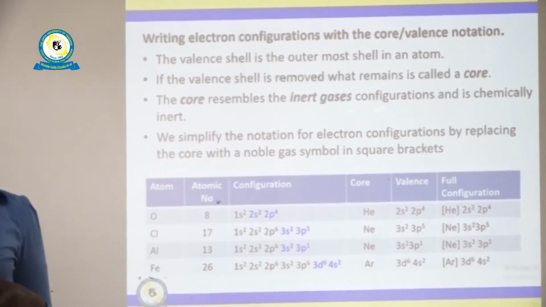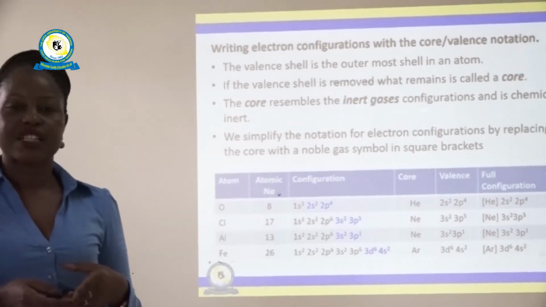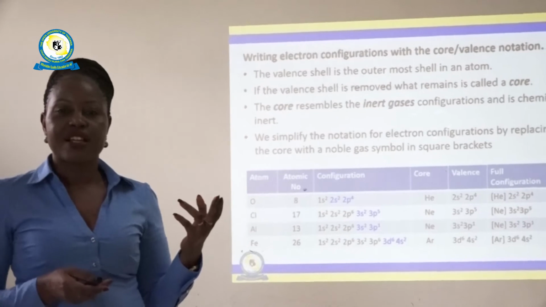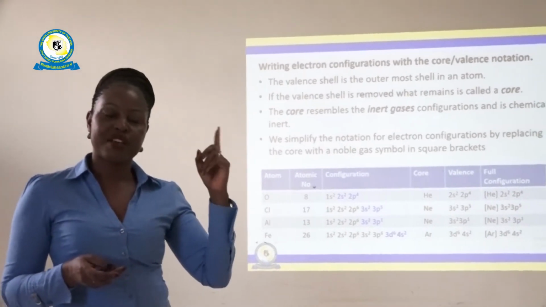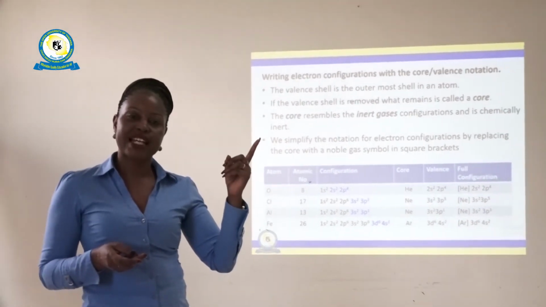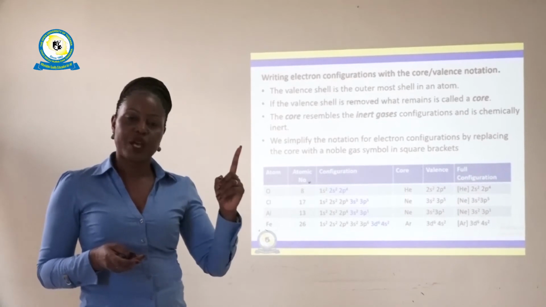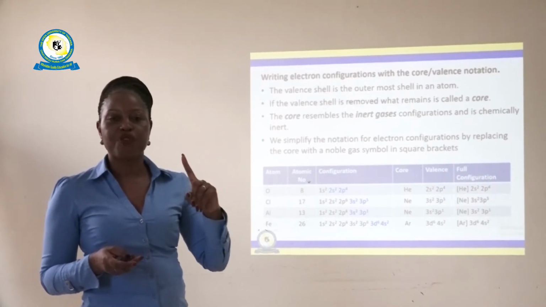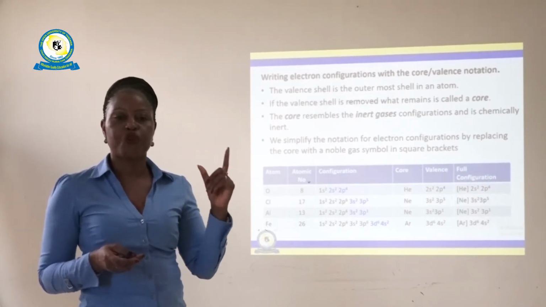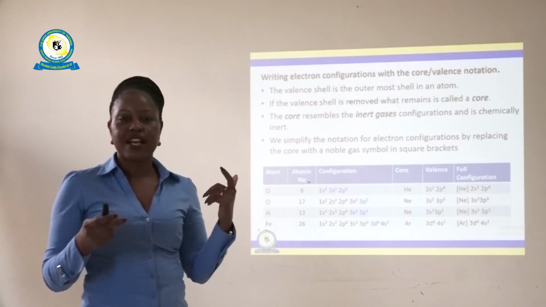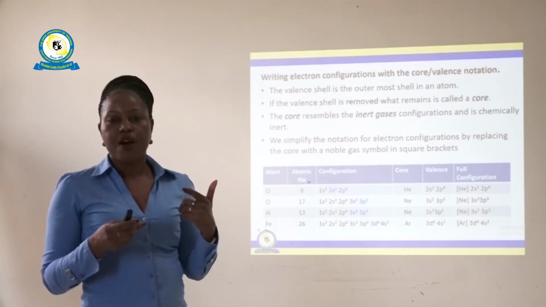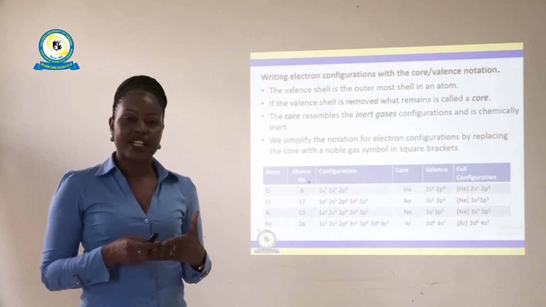Now, how can we write electron configuration? There are two ways. The first way is the one we showed in the previous slide. And we have another way of writing the electron configuration, which is known as the core valence notation.